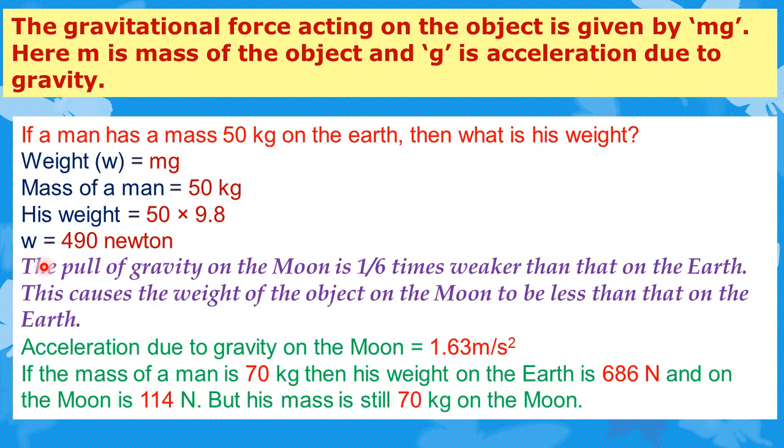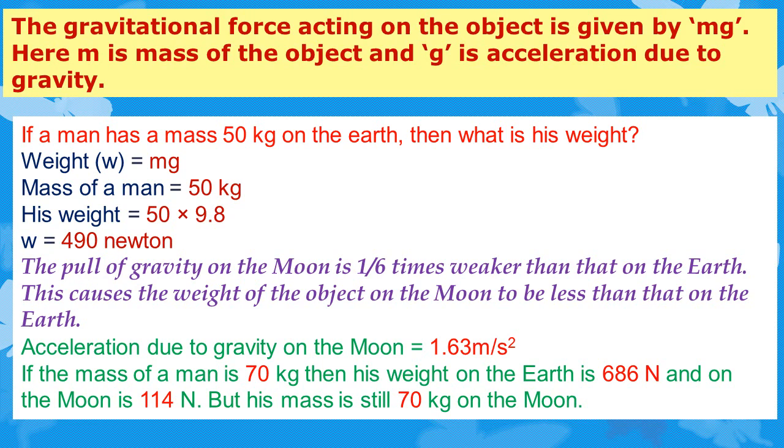The acceleration due to gravity on the moon is 1.63 meter per second square. So, if a man with a mass of 70 kg is on the earth, he will have a weight of 686 Newton, and on the moon the weight of the man will be 114 Newton, but his mass is still 70 kg on the moon.